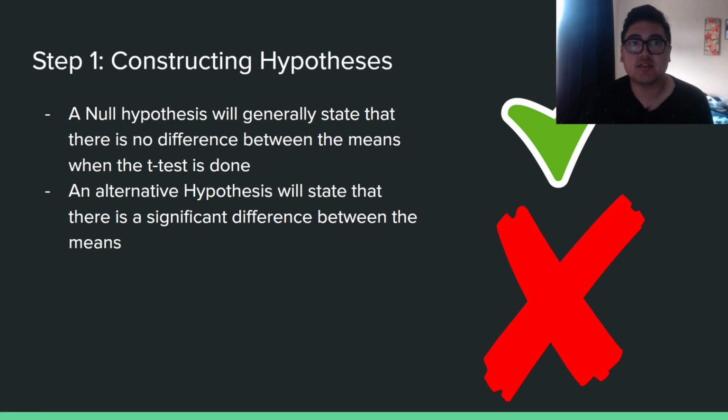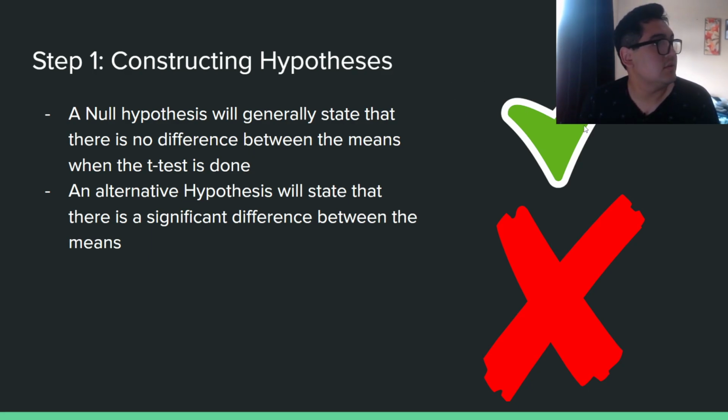The null hypothesis will generally say that there is no difference between, let's say, the accepted mean of a population and the sample population that you're using. An alternative hypothesis, in other words, will state that there is a significant difference between the means, meaning that there is a significant difference between the sample population and the accepted mean or a different sample population.